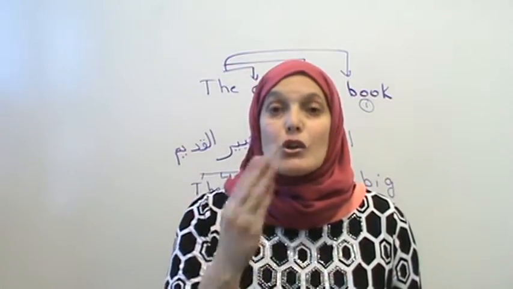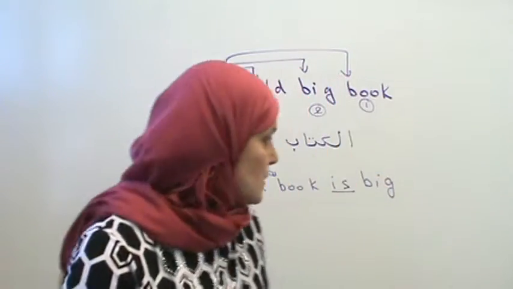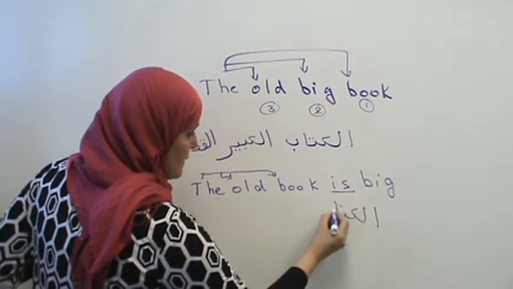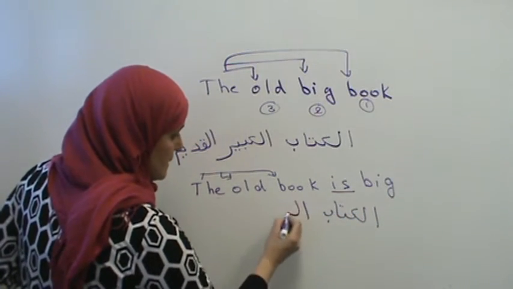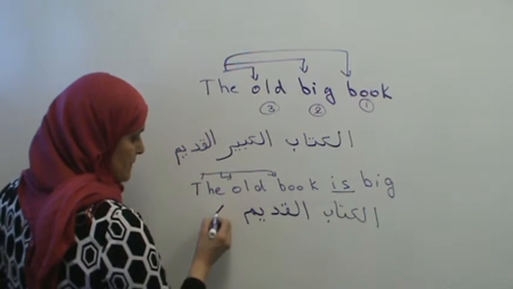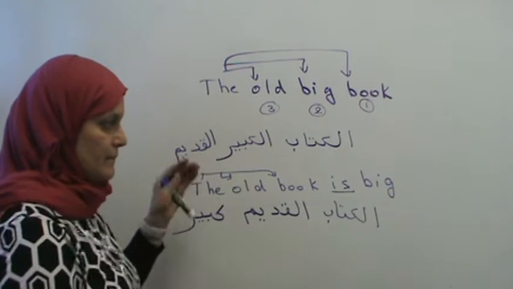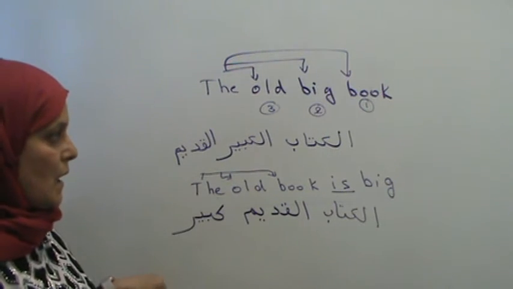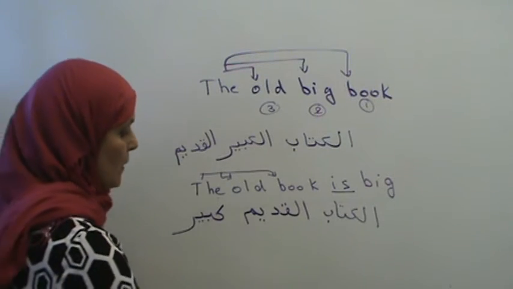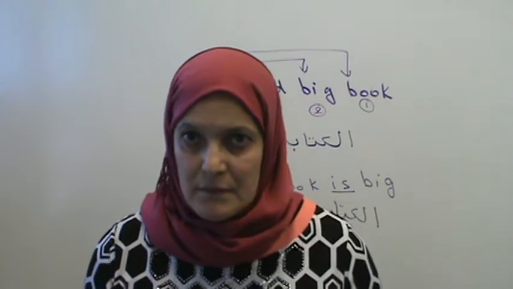The is drops the L that comes after. I'm gonna put الكتاب القديم كبير. This is how I do it. الكتاب القديم كبير.